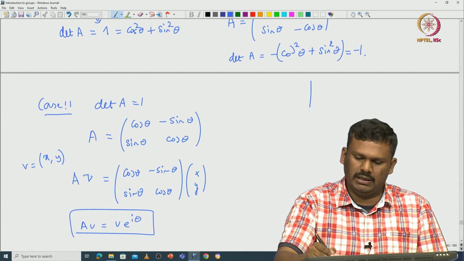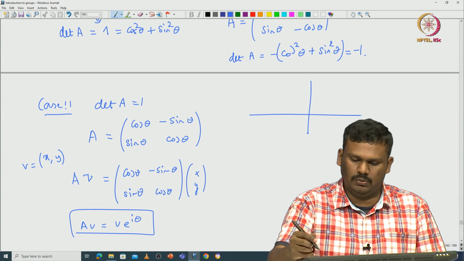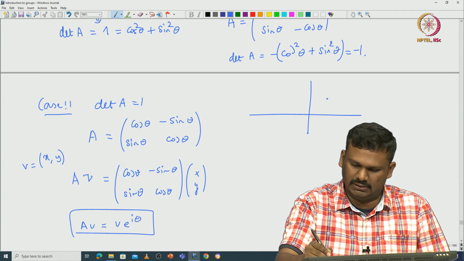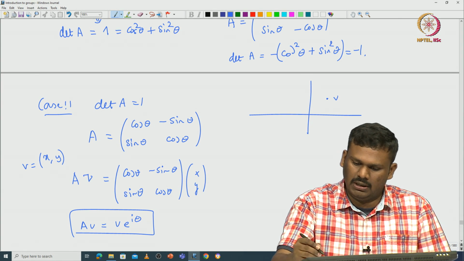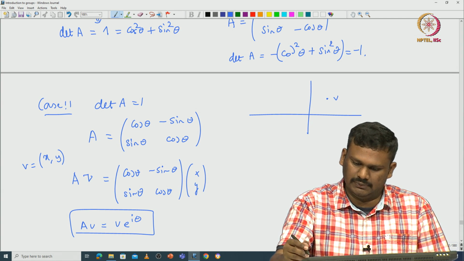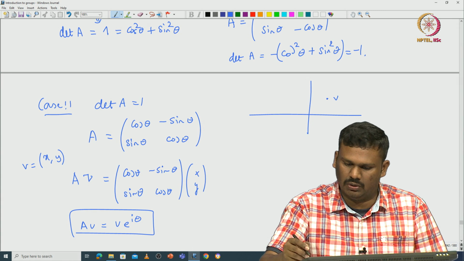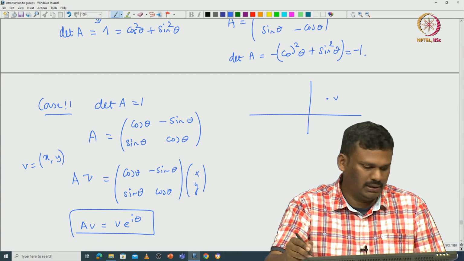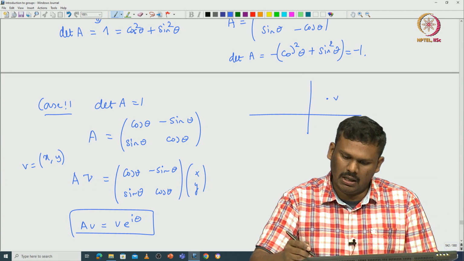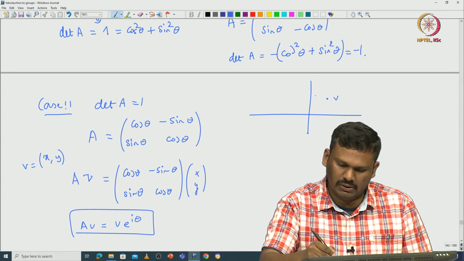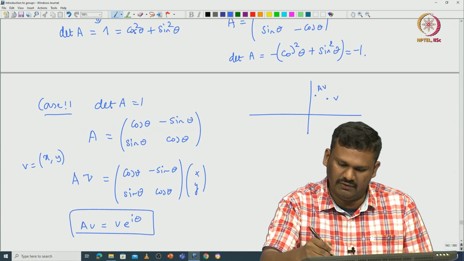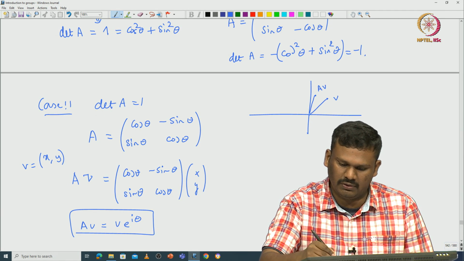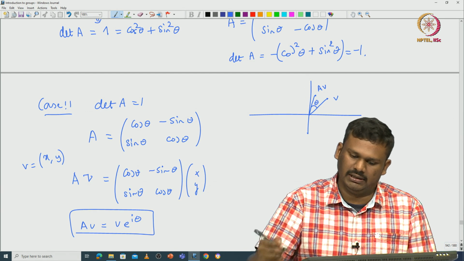Indeed, if you take this R2 plane, and then you take some vector V here, if theta is the angle that you are rotating it by, then you rotate this V counterclockwise. Here your AV will be there. So, this is going to be your AV and this is your V, and this is the angle theta that you will have.